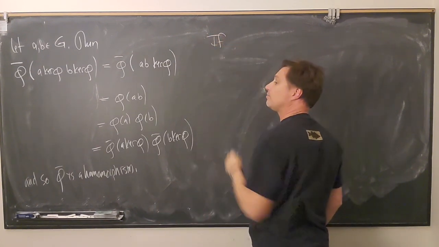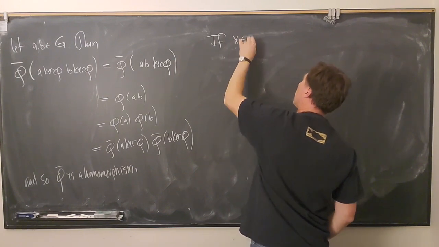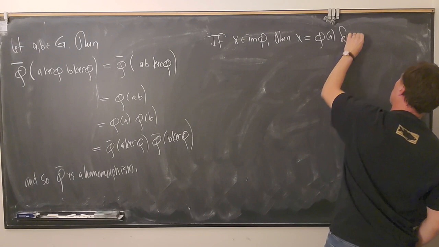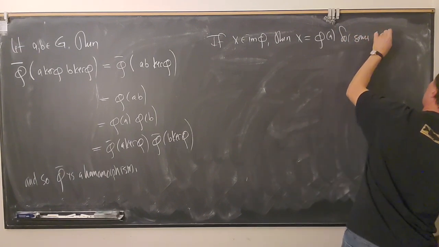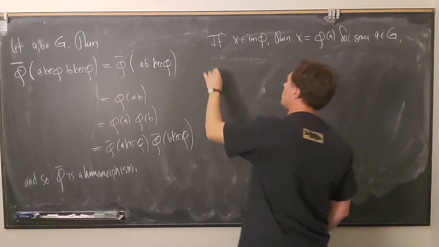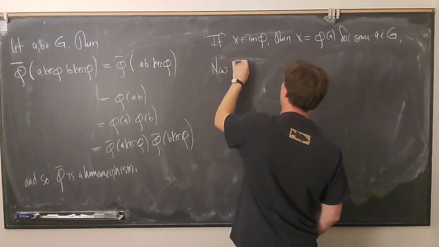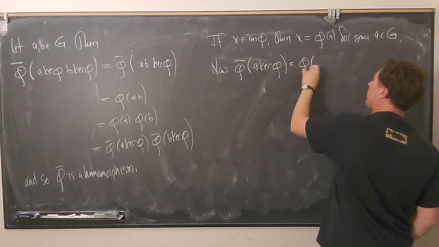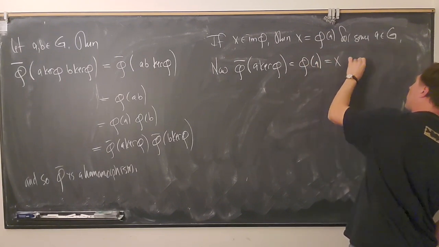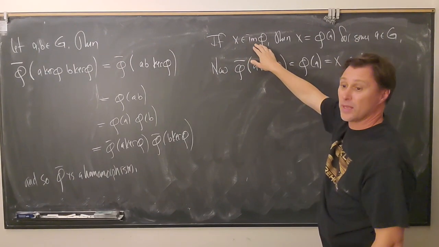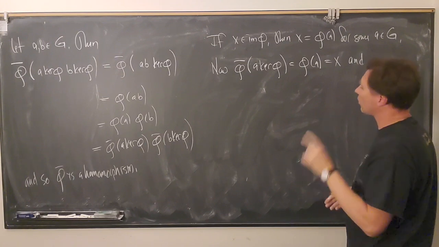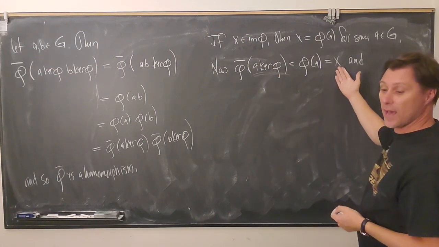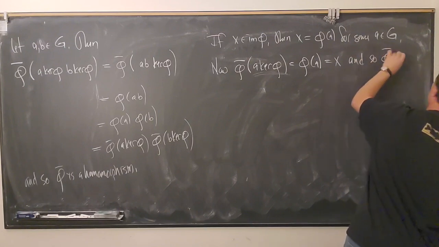If X is in the image of phi, then X is equal to phi of a for some little a in G. So now phi bar of the coset A times kernel of phi is equal to phi of A, which is equal to X. I chose somebody in the codomain of phi bar, and I produced somebody in the domain of phi bar that gives us that as the output. And so phi bar is onto.